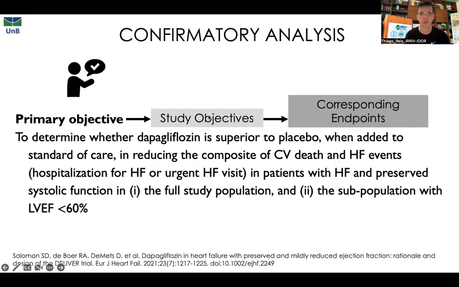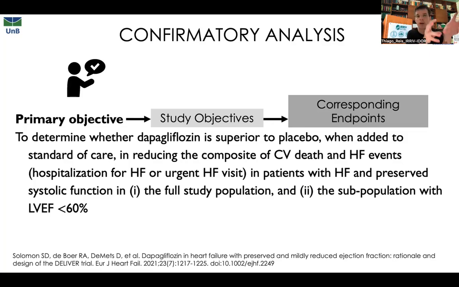And then we come to the topics of objective versus endpoint. So in the DELIVER trial, the objective is to prove that dapagliflozin is superior to placebo in reducing the cardiovascular outcomes. So cardiovascular death, heart failure events, hospitalization or urgent emergency visit, and in those patients, that sample that we already mentioned.